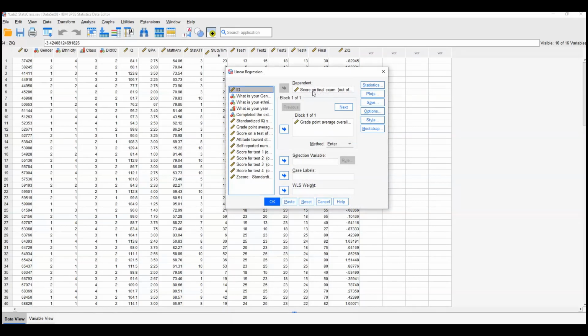That's the outcome we want to predict. I had this in there before, but I can take it out. GPA is one of the variables we want to know. Does it predict? And we also want to know the math anxiety. So I can put them both in there. It's going to run a model that looks at both of those together as predictors, predicting the single outcome. Again, we call that multiple regression. I'm going to hit OK.